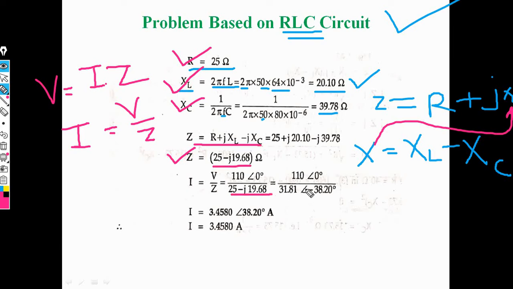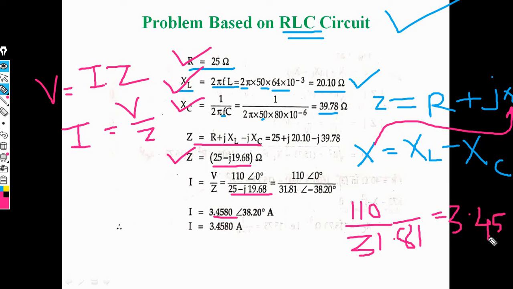Then we obtain 110 divided by 31.81, which gives 3.4580.